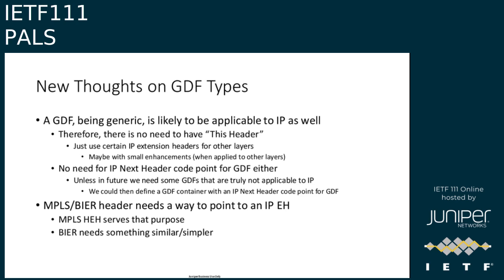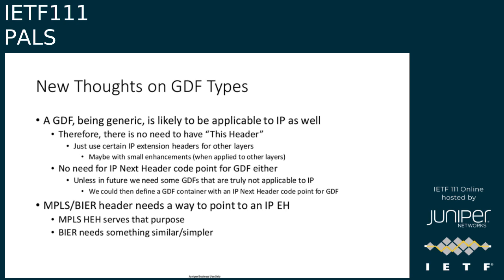Therefore, there's really no need to have this header to indicate what it is. We can just use certain IP extension headers at other layers. If we need to make small enhancements, we can do that. For example, for fragmentation, we can just use the existing IPv6 fragmentation header with some extensions that I will talk about later.